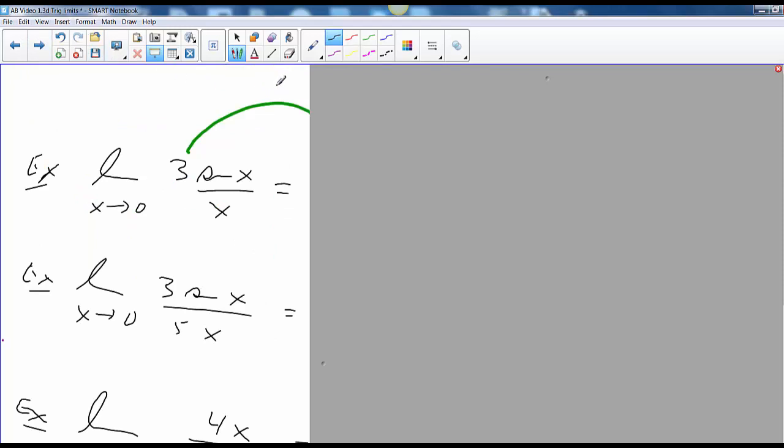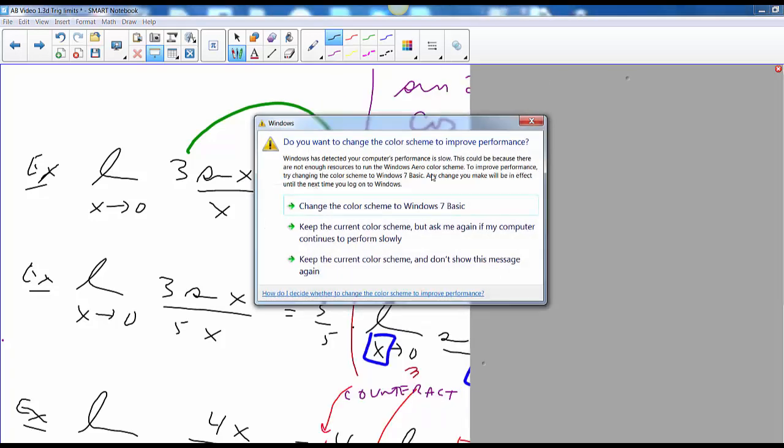Okay, so what we have here are examples of what they're going to have you do with this. Again, in every single case here, if we replaced x by 0, we would get 0 over 0. So what we have to do is get it to look like one of the two expressions.